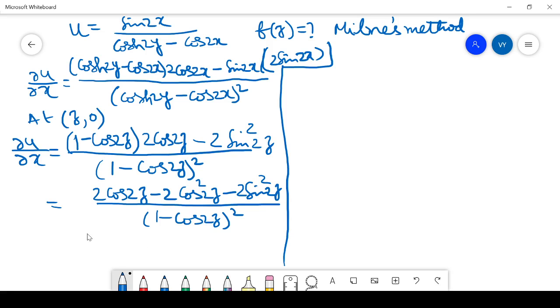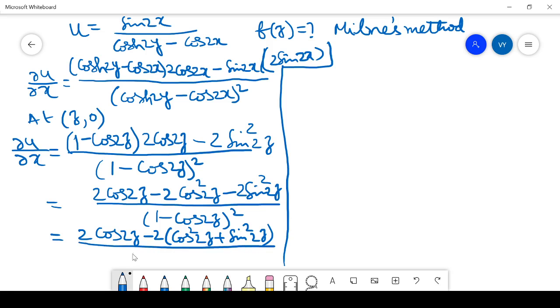Okay. So now I can rewrite this as 2 cos 2z, and I will remove the 2 outside: cos squared 2z plus sin squared 2z, whole divided by 1 minus cos 2z the whole square.